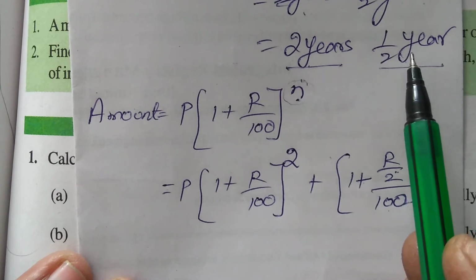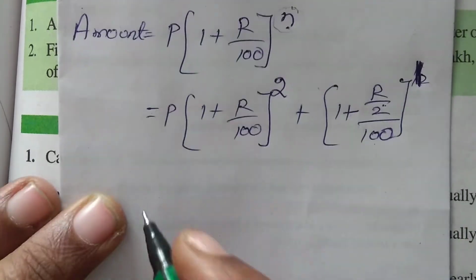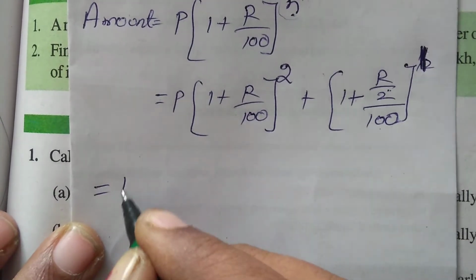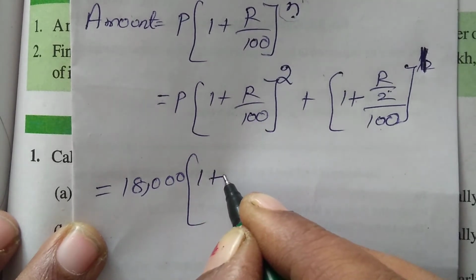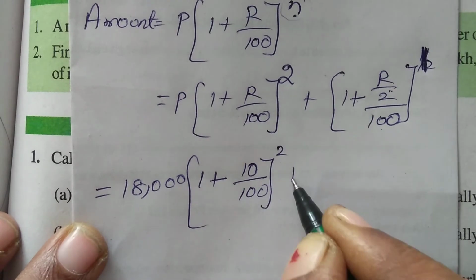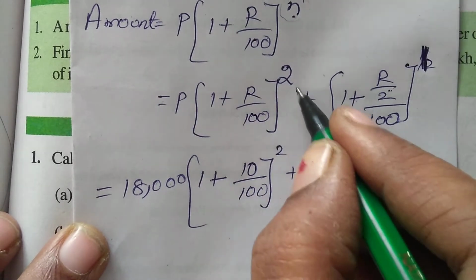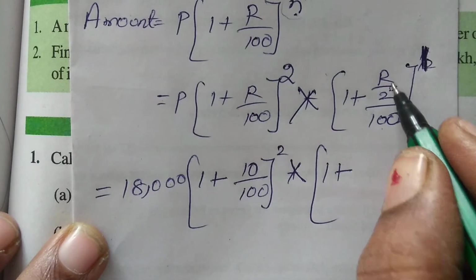So we substitute now: 18,000 into 1 plus R, R is here 10 by 100, to the power of 2, multiplied by 1 plus R by 2. R by 2 now will become 5, 10 by 2, 5 divided by 100 to the power of 1.